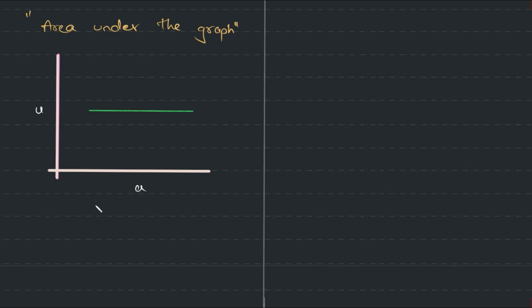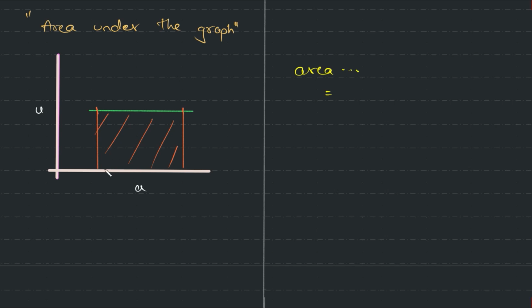In terms of an actual graph, the area under the graph between point 1 and point 2 is literally the area under the graph. This region is the area under the graph. Now, in terms of formula, what does it mean?